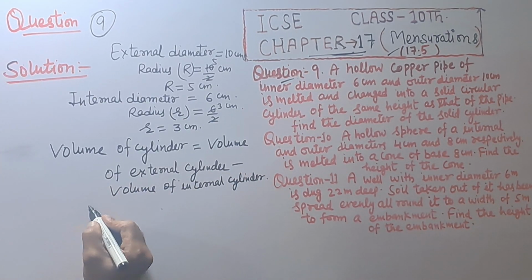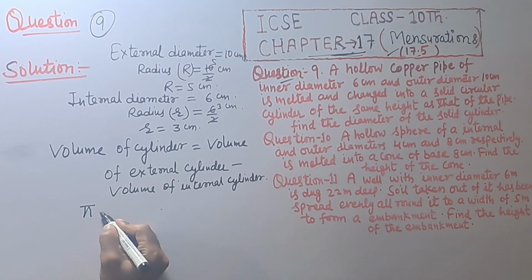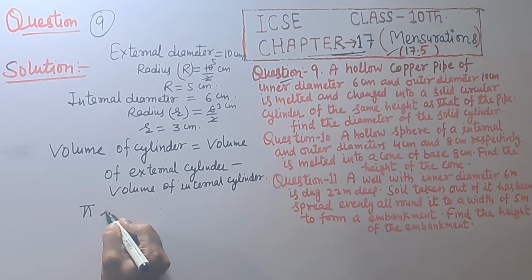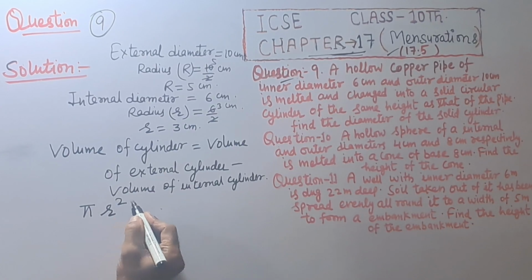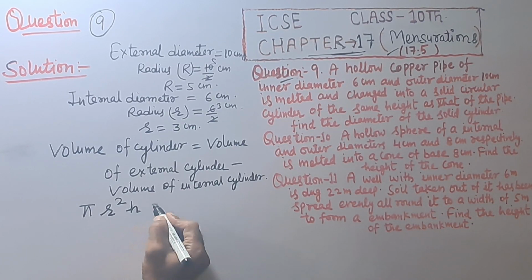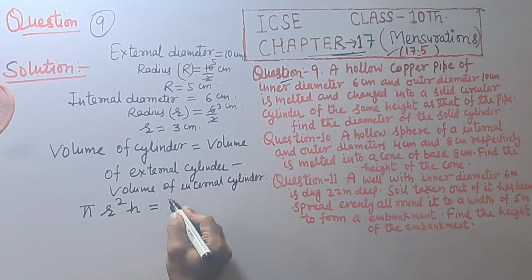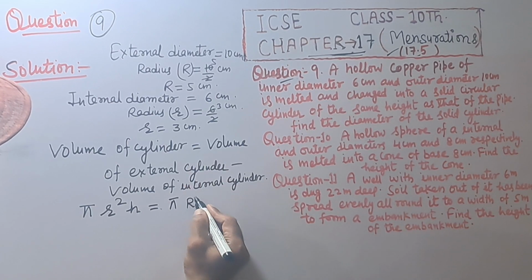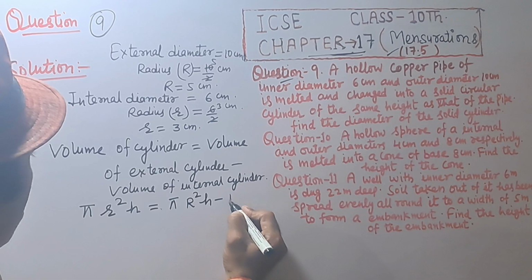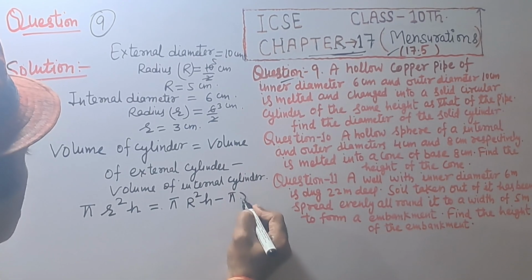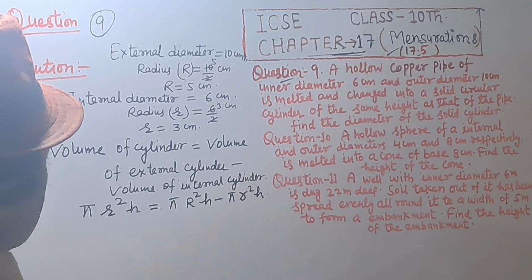Volume of cylinder, that is pi r square h, equal to pi capital R square h minus pi small r square h.